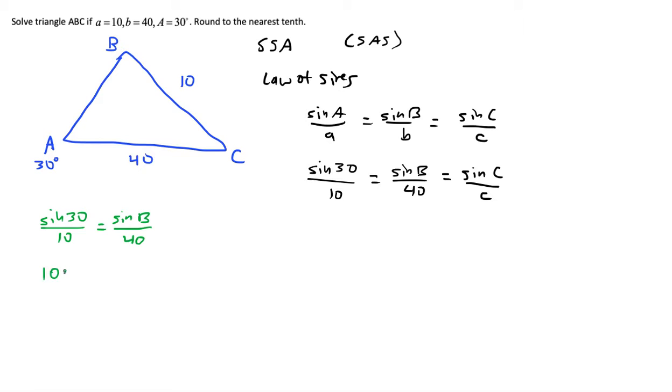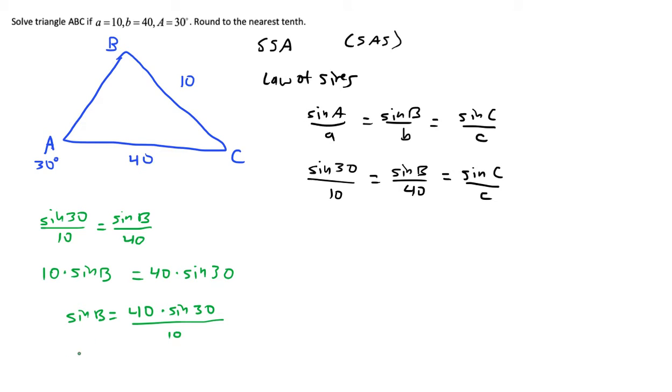So 10 times the sine of B equals 40 times the sine of 30. You notice in this case we're actually solving for the angle. So let's divide this out. We get sine of B equals 40 times the sine of 30, all over 10. Use your calculators.